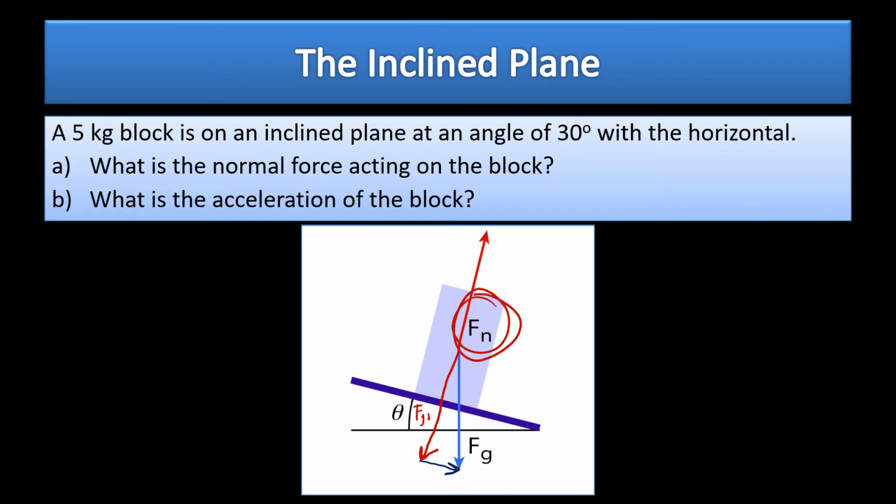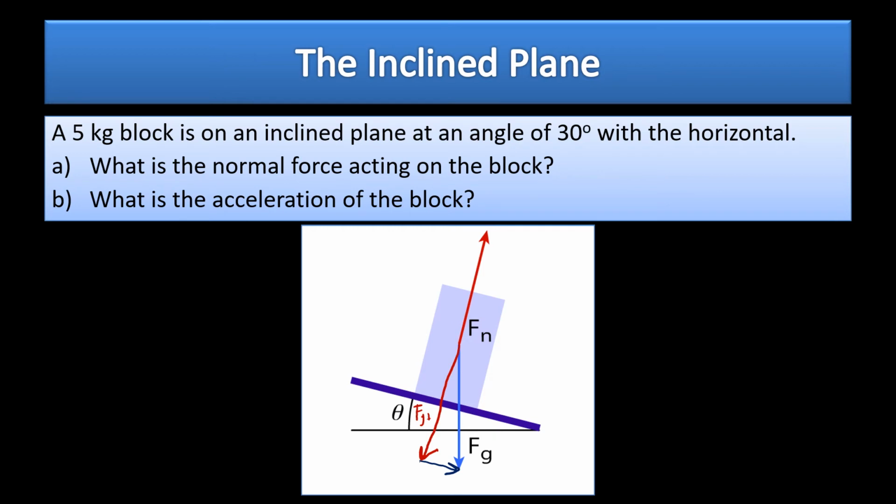So the normal force is equal to this component. See how the two arrows are opposing each other? The block isn't flying off the hill or going through the hill. It might be sliding down the hill, okay, but in the perpendicular direction, the forces balance each other out.